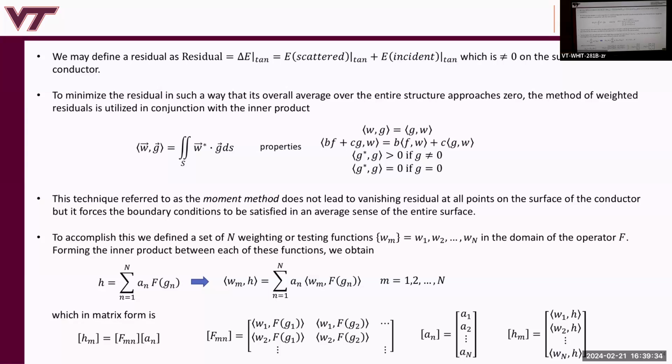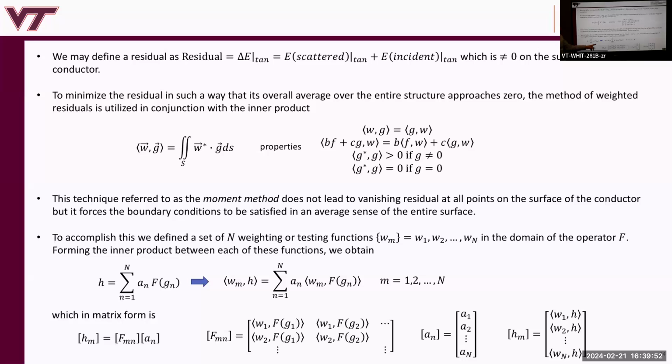So to accomplish this, we define a set of n weighting, or testing, functions, Wm, 1 through n, in the domain of the operator f. Operator f was the integral operator, and we form the inner product between each of these functions. We obtain the following.